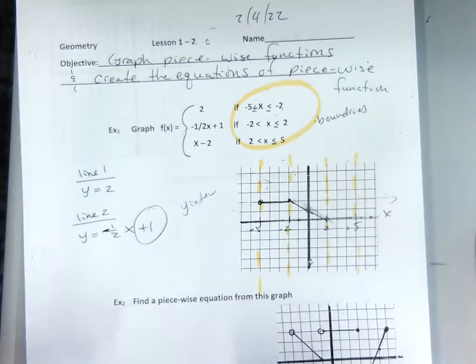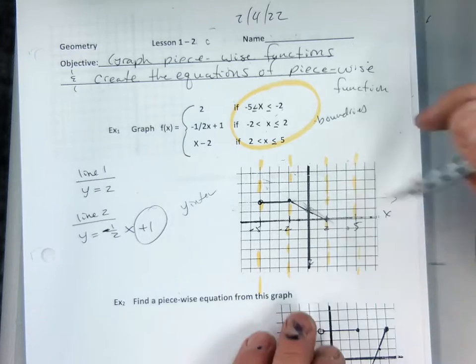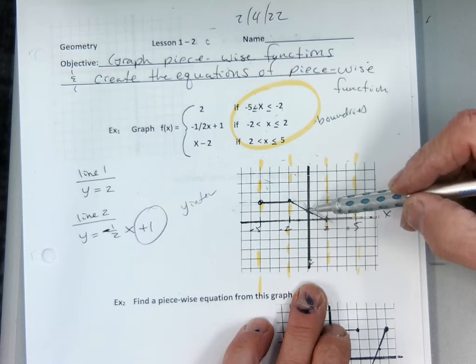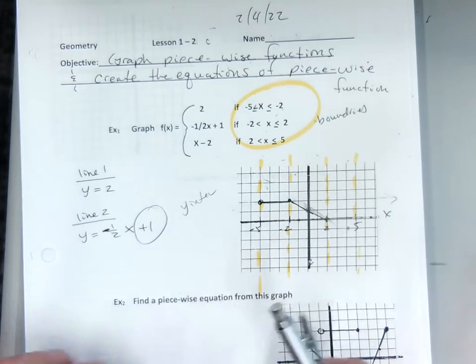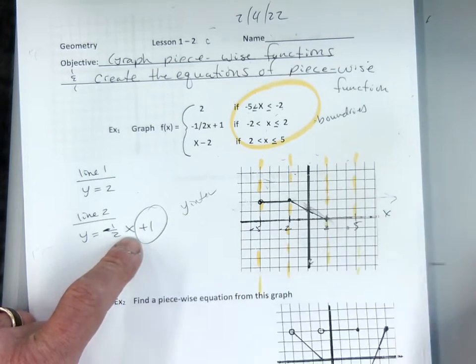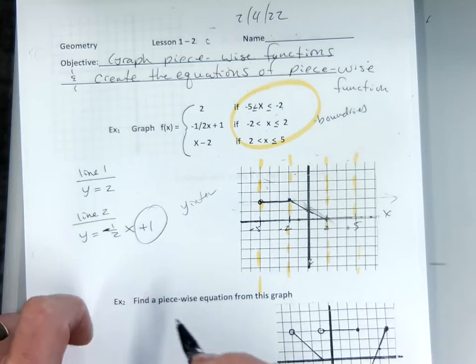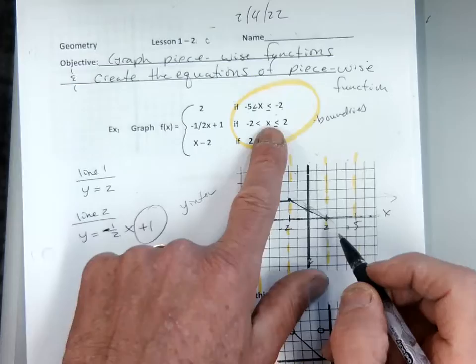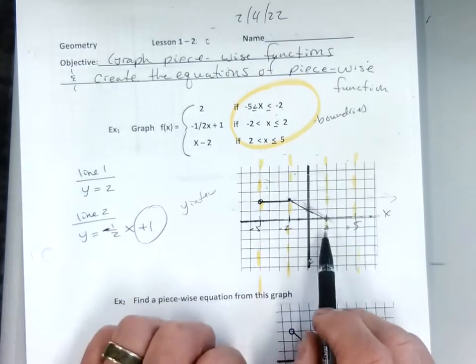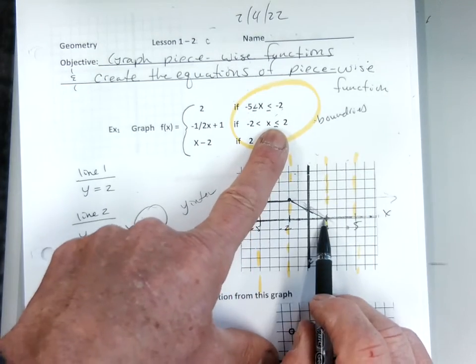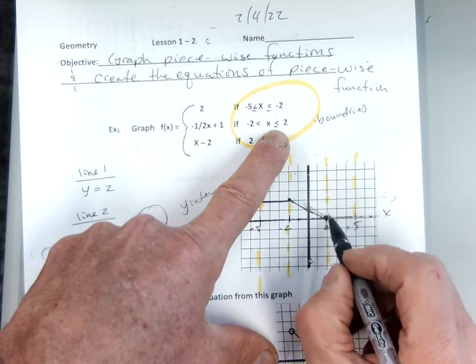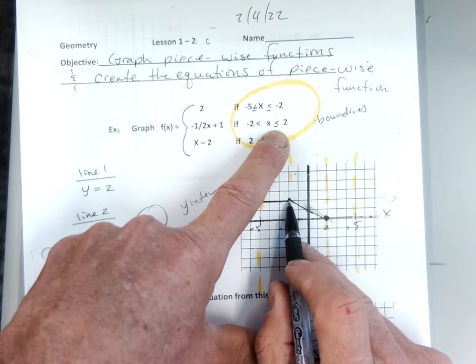And so, Ava, what I did is on the y-axis, I started at +1. Does that help answer that question? Yeah. Good. And then I just did my slope of down 1/2. Please always ask questions, you guys. Thank you. Okay, line 2. And oh, I've got one more thing. Right here at 2, I'm going to make a closed circle, right? Closed circle there. This was open, but it was already closed from the graph before.